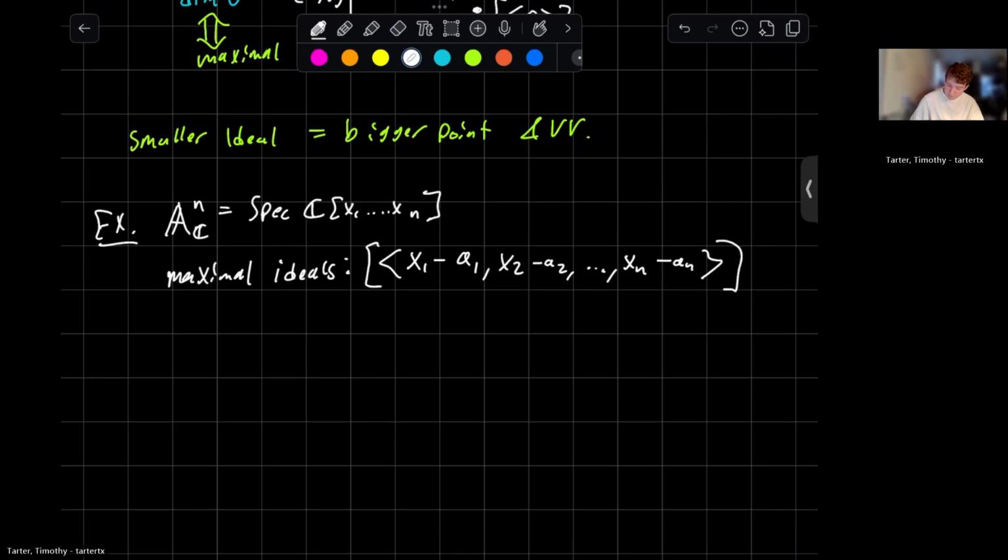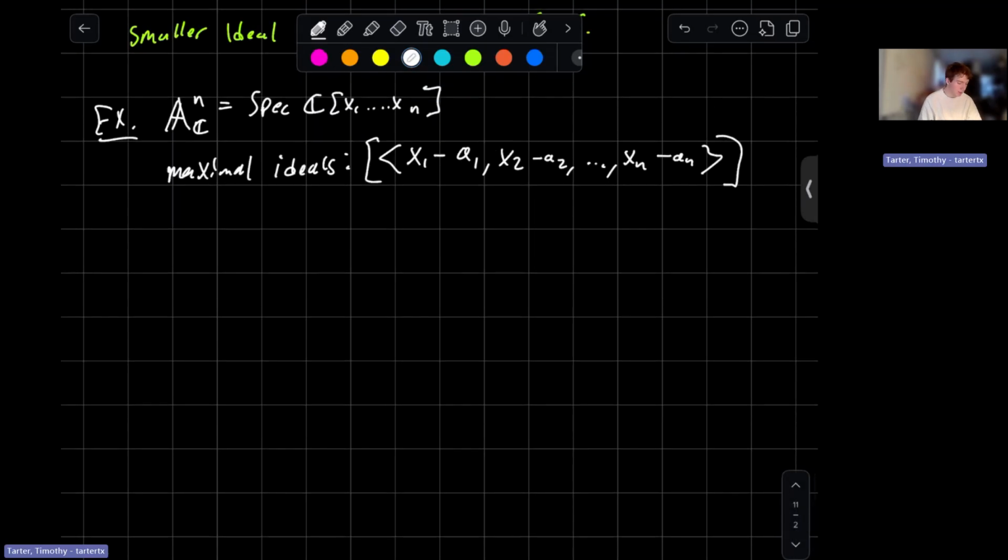And then these are the only maximal ideals by Hilbert's weak Nullstellensatz.